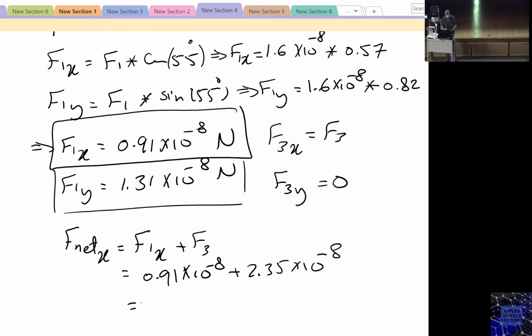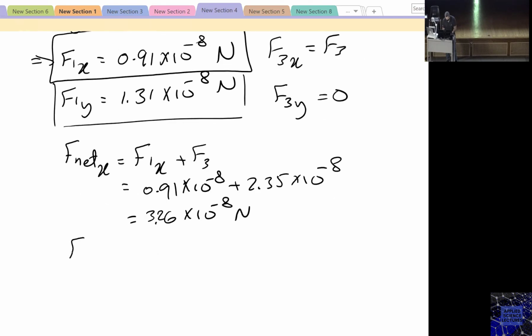And this would be 3.26 times 10 to the power minus 8 Newton. Fnet y is the same as F1y, which is 1.3 times 10 to the power minus 8 Newton.